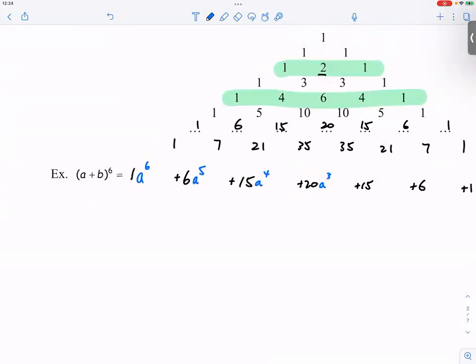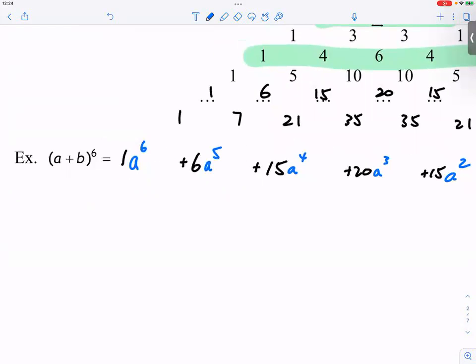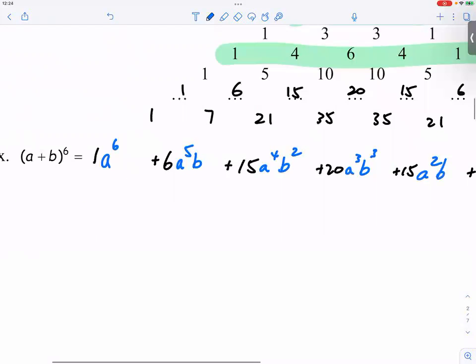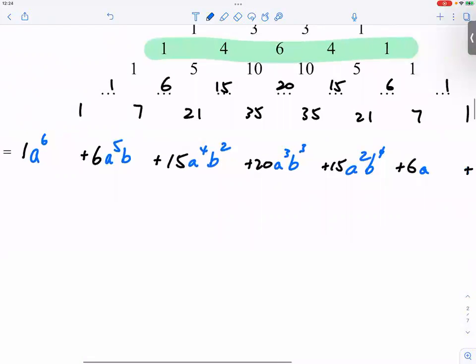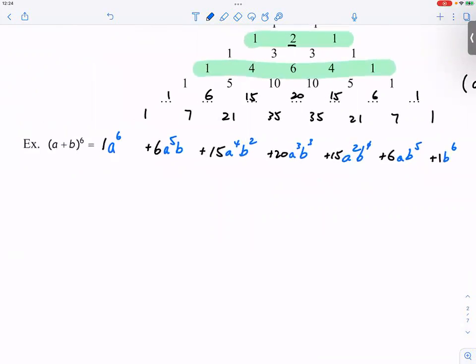I would say it shouldn't take too much brain power to get this done. I hope you agree with me too. Okay. And then b, and then b squared, and then b cubed, and then b to the 4th power, and then b to the 5th power, and then b to the 6th power.